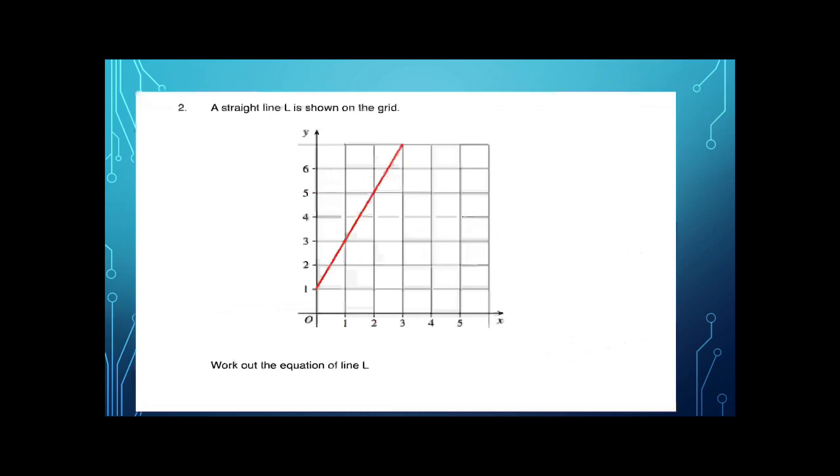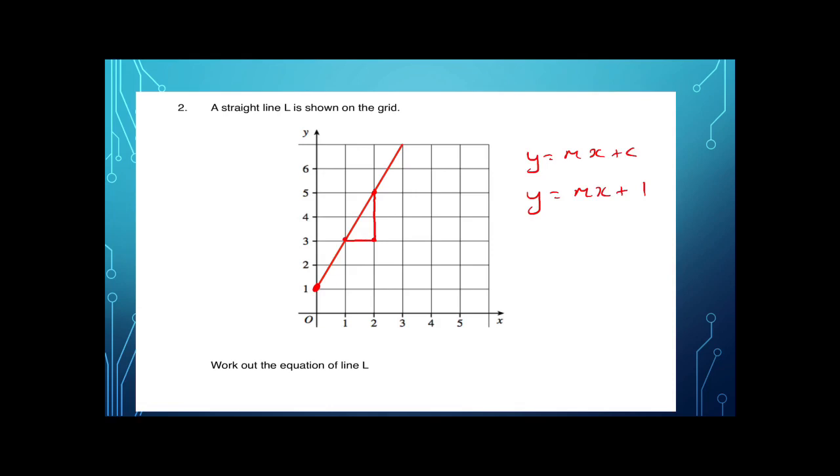Okay, we're going to use y = mx + c, and we can see straight away that the c is 1. Let us now work out the gradient, and what we want to do is form a triangle, and we're best to do it where we can create this triangle here.